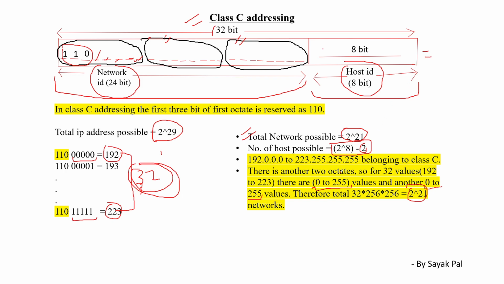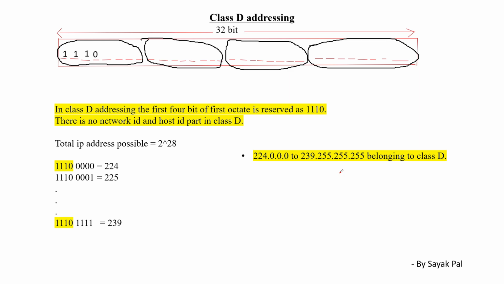Now coming to class D. Here in class D, the concept of network ID and host ID part is not there. So how many IP addresses are possible? 2 to the power 28, because these 4 bits are reserved, 1110, for class D. So 32 minus 4, that is nothing but 28.